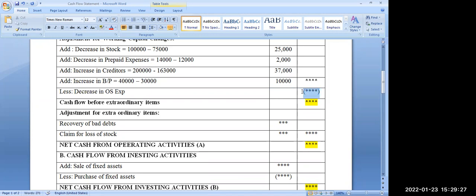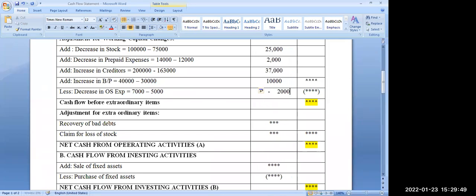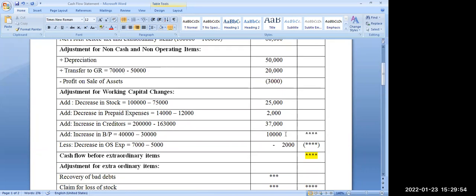Check with this. So 7,000 minus 5,000, 2,000. So 2,000 rupees minus, in bracket.